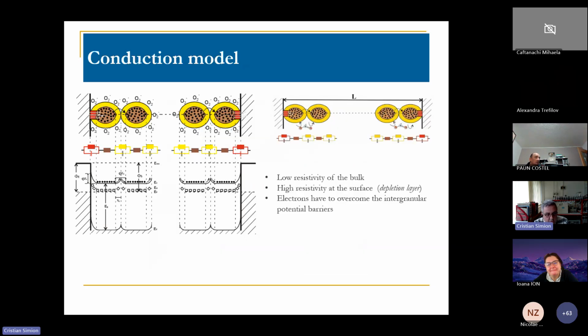Because you have to know that we are dealing with tin dioxide, especially, which has low resistivity in the bulk because it's full of electrons, and the surface is depleted of electrons, and the electrons from the bulk have to jump over this potential barrier at the surface in order for conduction to take place. And this is represented by the RC circuit in parallel here at the grain-to-grain crystalline boundaries.